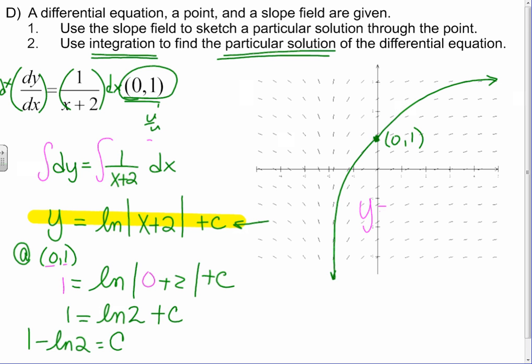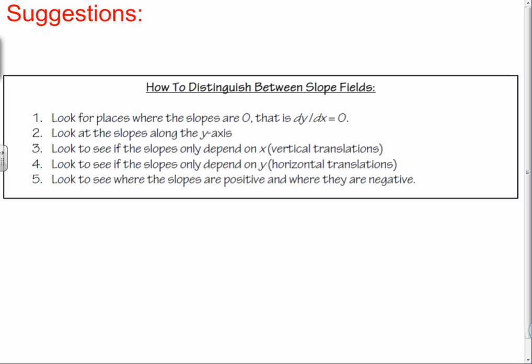So I'm going to have y equals natural log absolute value of x plus 2 plus 1 minus natural log 2. And that would be my solution. Check it out. Put it in your calculator. See if this actually looks like the curve that particular solution turns out to be. And then there's just some good suggestions there on ways to distinguish between slope fields.